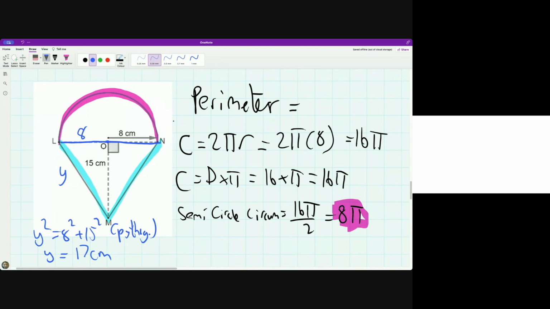What do you think, Pilar? I guess I have to do this, 8 pi. I need my calculator, so 8 times. What are you getting for your perimeter?